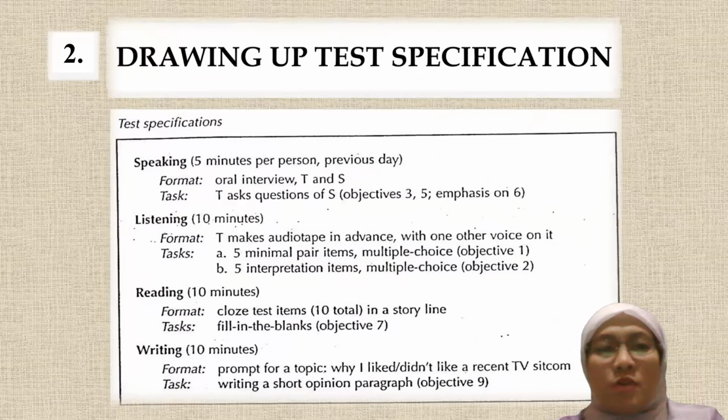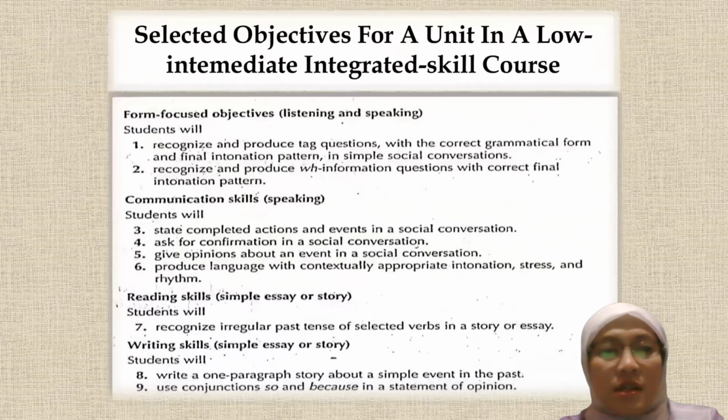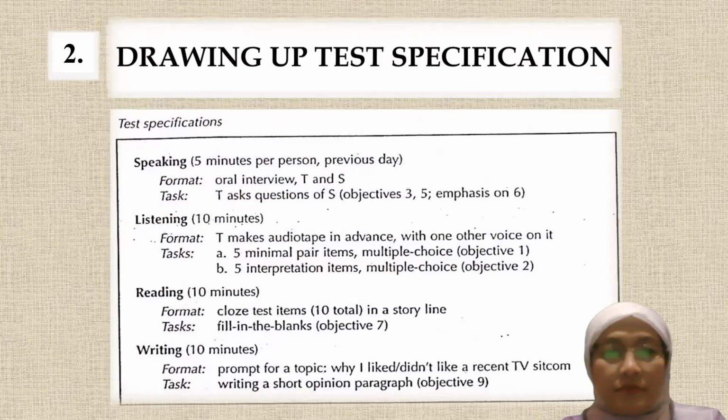Now let us see about reading. Let us see the objective. They will recognize, yeah, so maybe there will be multiple choice, something like that, or provided word in the box. Student will recognize irregular past tense of selected verbs in a story or essay.